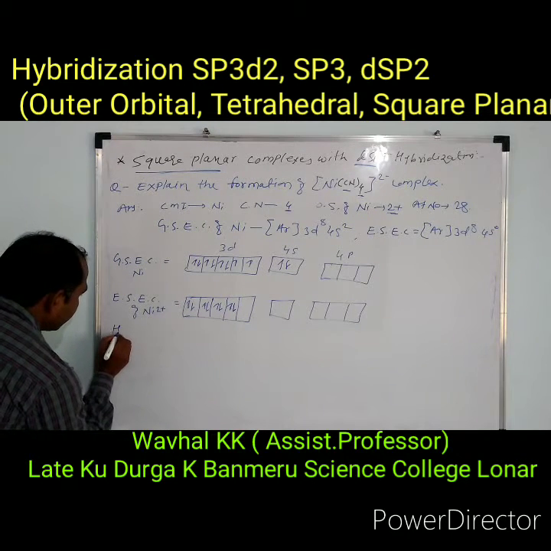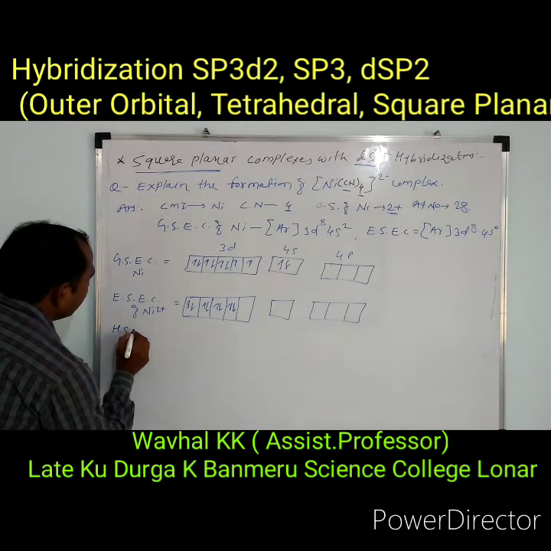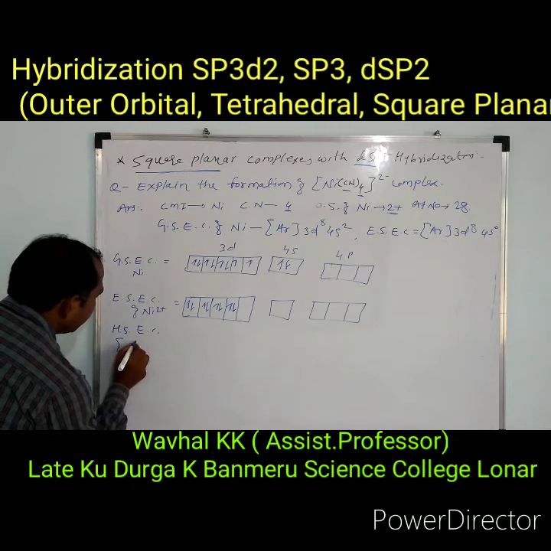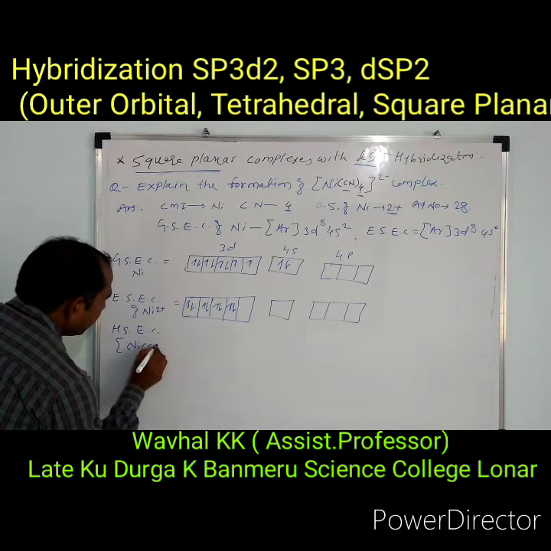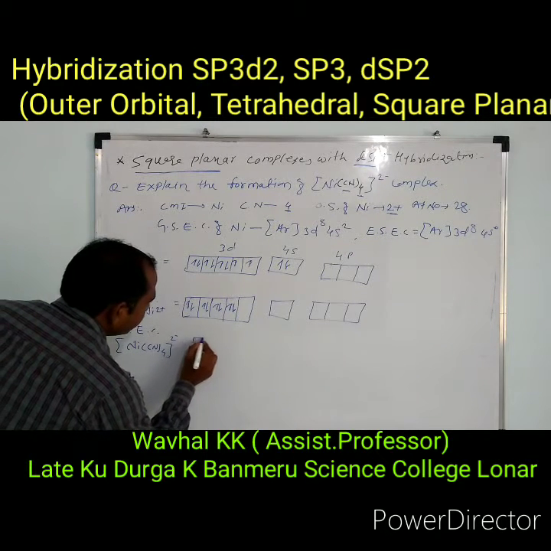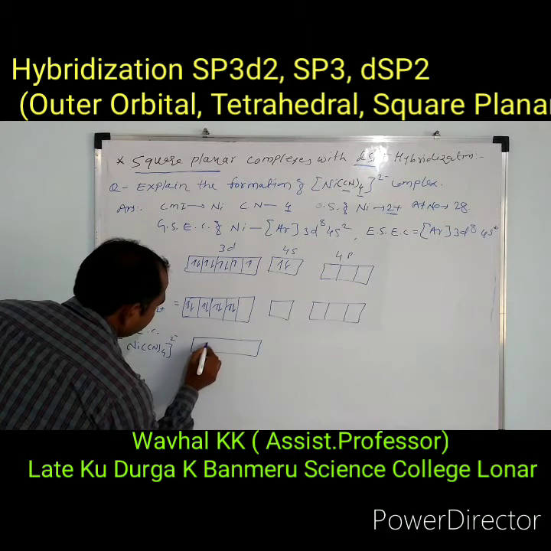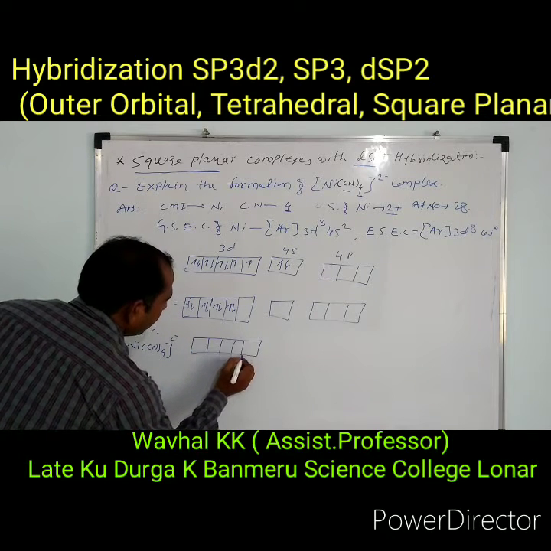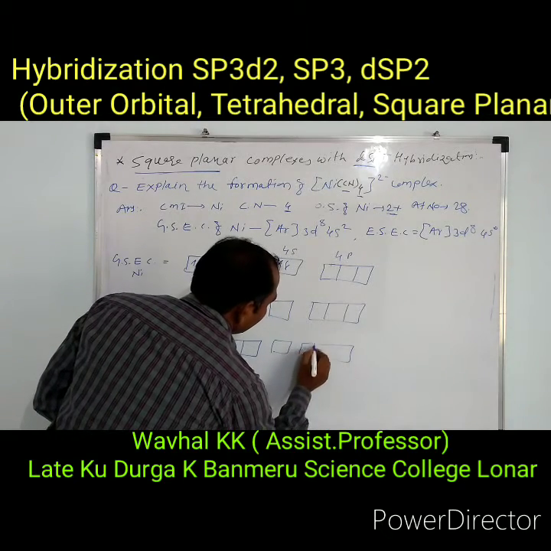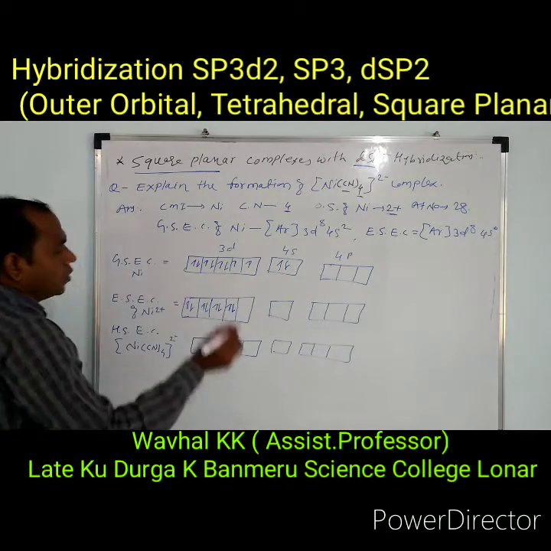In the hybridization state, the electronic configuration of nickel in the [Ni(CN)4] dinegative complex: 1, 2, 3, 4, 5. This is the 4s and this is the 4p atomic orbital.